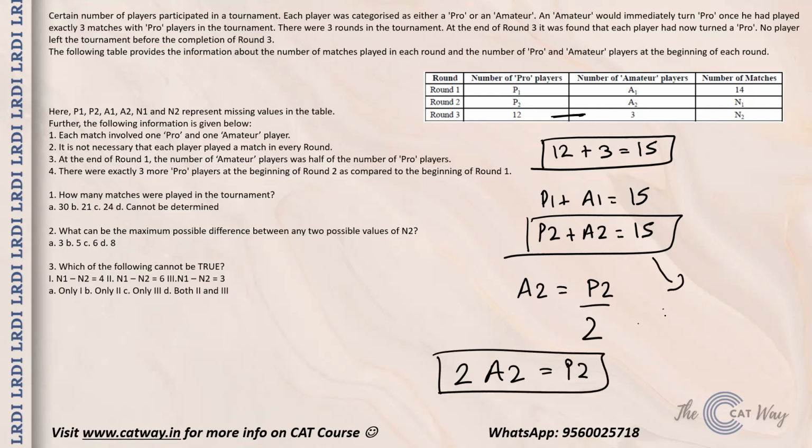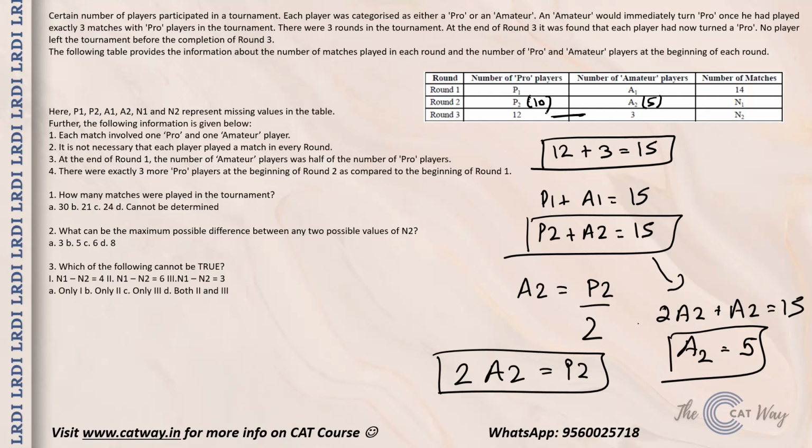Now if you put that over here, P2 is equal to 2A2, and there is another A2, which together equals 15. So the amateur players at the start of round 2 is 5. So this value over here is 5, and the value over here is 10.